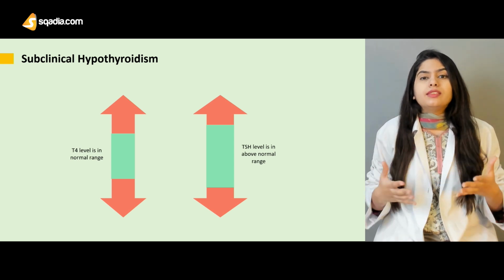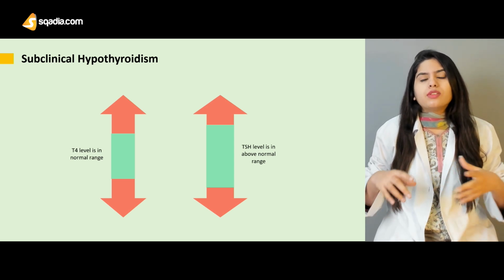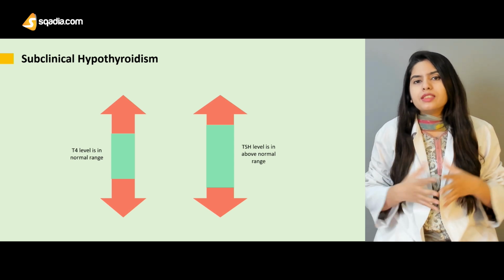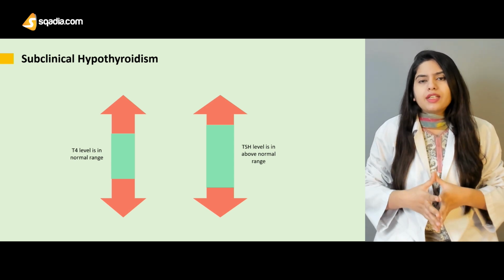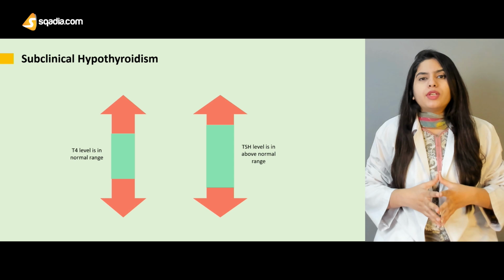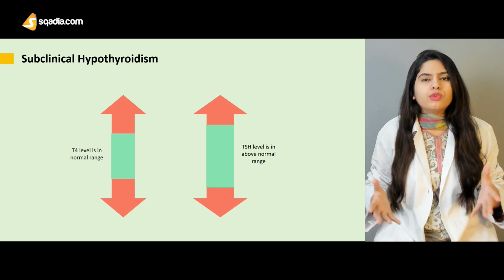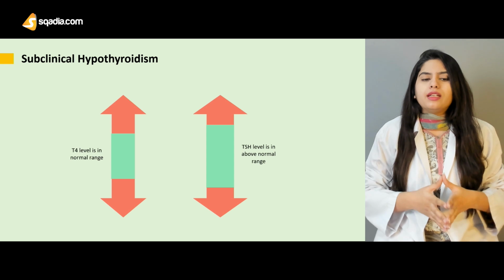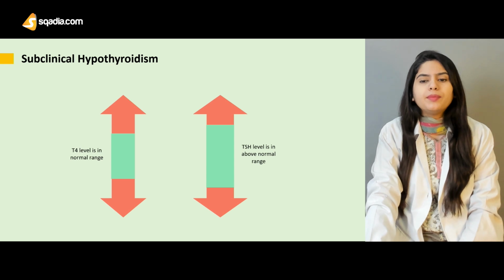This may be because the body is causing the pituitary gland to increase the level of thyroid hormone in the blood, but the thyroid gland is defective, or there is some other disorder. The actual cause behind subclinical hypothyroidism is not known. What is known is that the TSH level is above normal and the T4 level is in the normal range. So this is subclinical hypothyroidism.